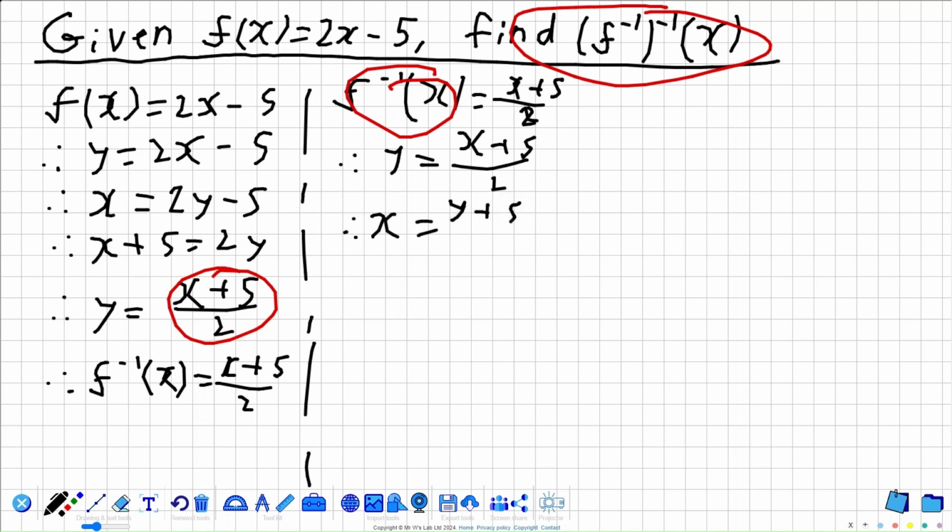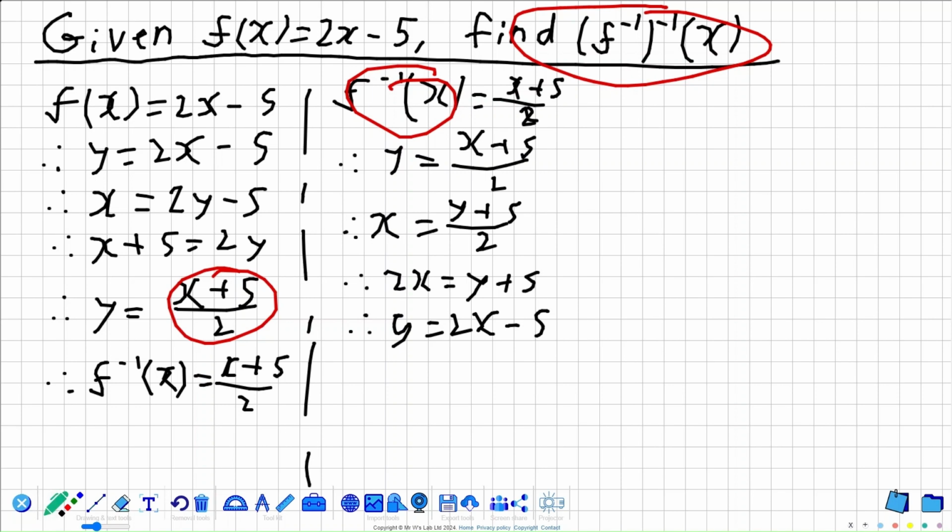You might be able to guess what's going to happen soon, but therefore 2x equals y plus 5, therefore y equals 2x minus 5.